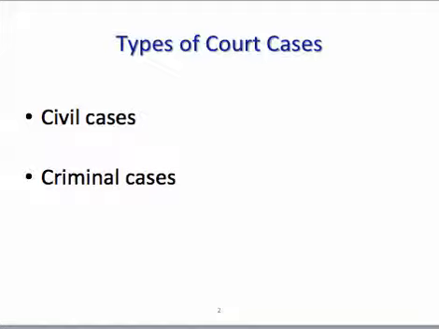There are a lot of ways you might think of this. In general, one's liberty is not at risk in a civil case. Another way to think about it is, in a criminal case, the government is the plaintiff. In other words, it's a crime against society in one way or another. A murder, a robbery.